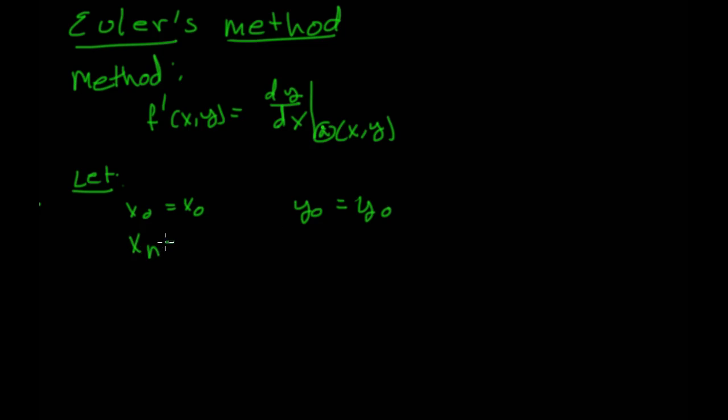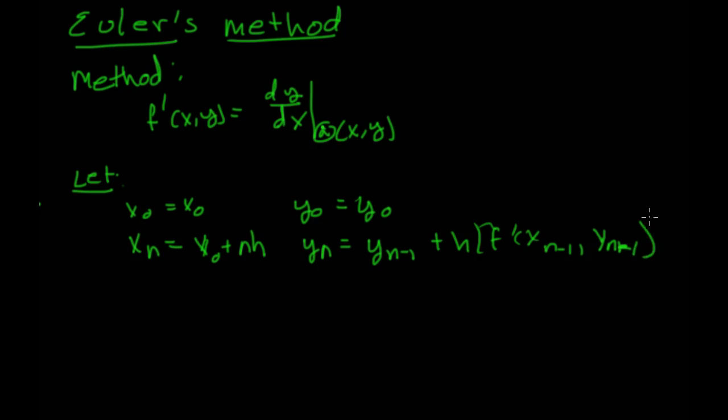And then we're going to let the nth x be equal to x null plus n times h, and yn be equal to yn minus 1 plus h times f prime of x at n minus 1 and y at n minus 1.